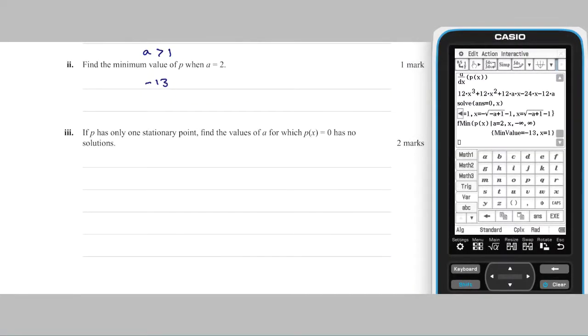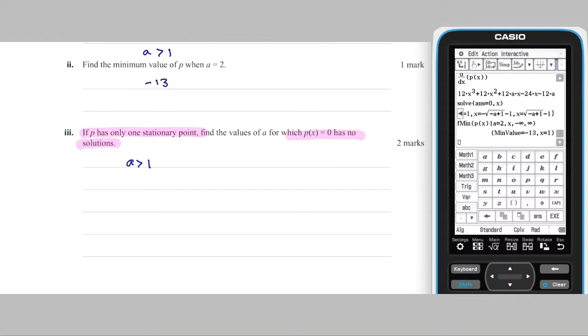H part 3. If p of x has only one stationary point, then that means that a must be greater than 1, as we found above. Now, let's think about when p of x equals 0 has no solutions.